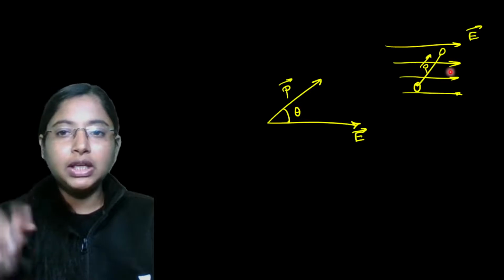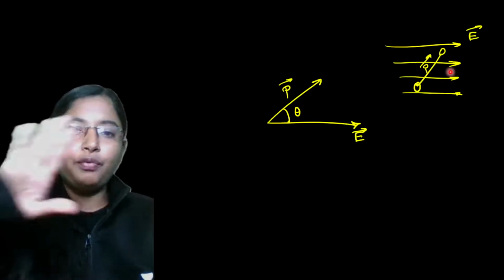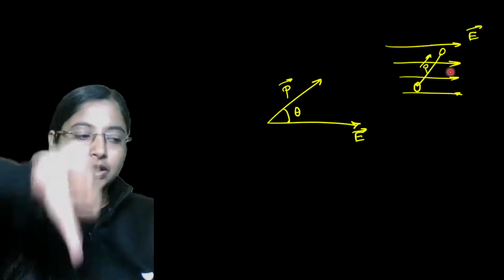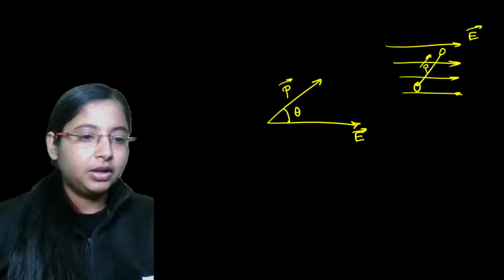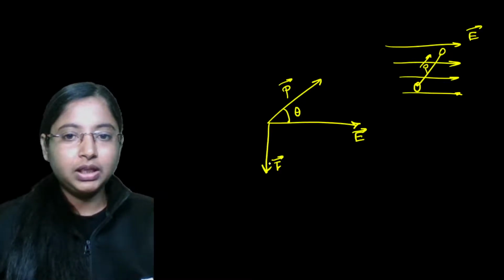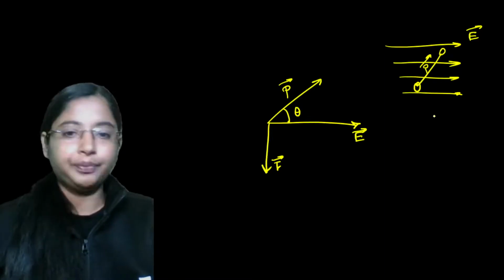If you go from P to E vector, your thumb points downwards, which means the torque in this case is given by the downward vector.